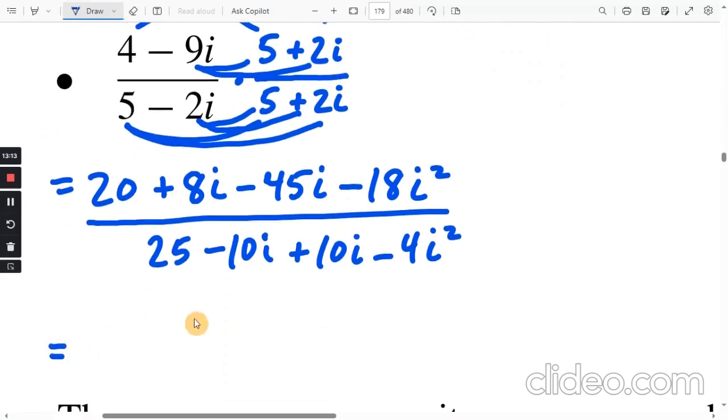Anyhow, i squared is the same as negative 1. And negative 18 times negative 1 is positive 18. Combining like terms, 20 plus 18, that's 38. 8i minus 45i is negative 37i.